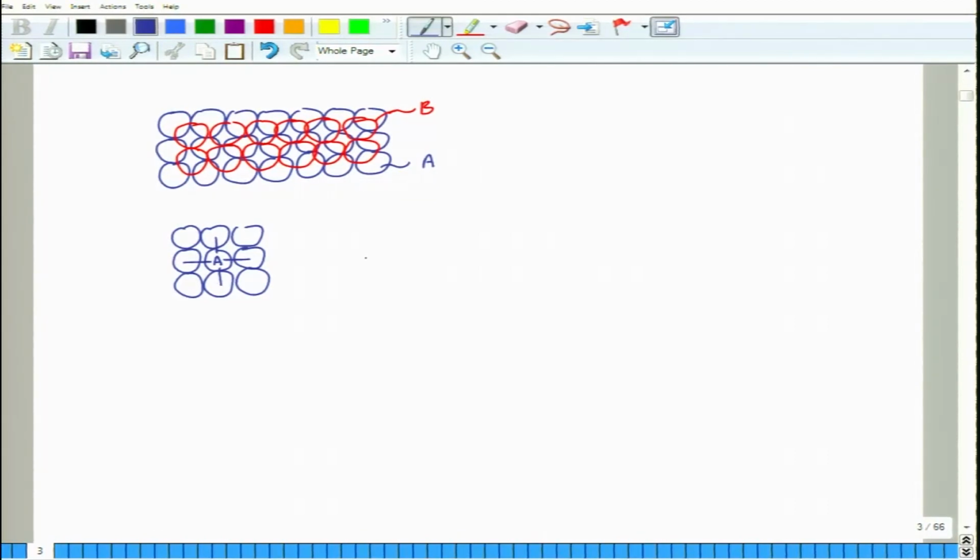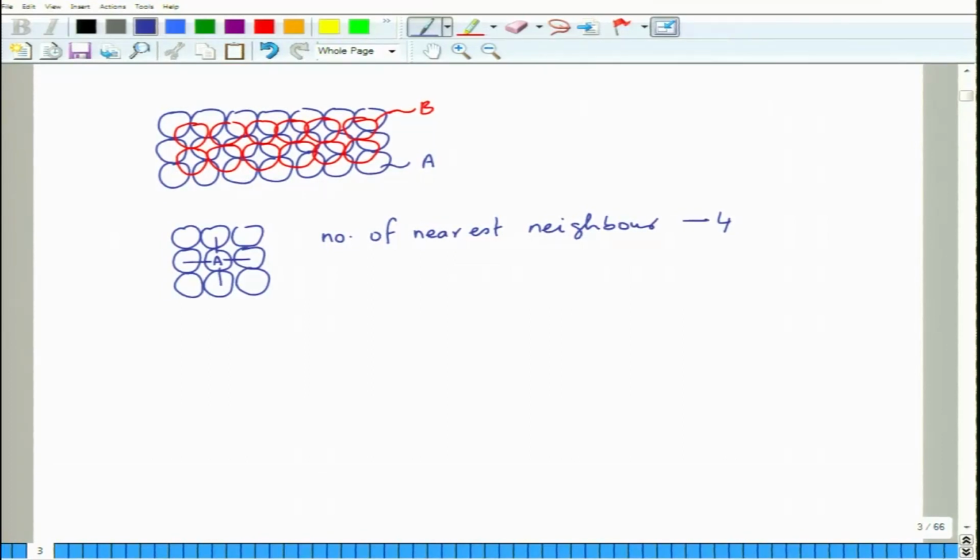So the number of nearest neighbors is 4. In the close-packed case, what was the situation? It was 6. So this means this is less close-packed.